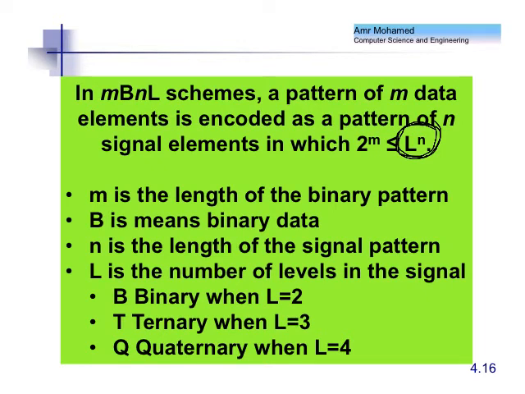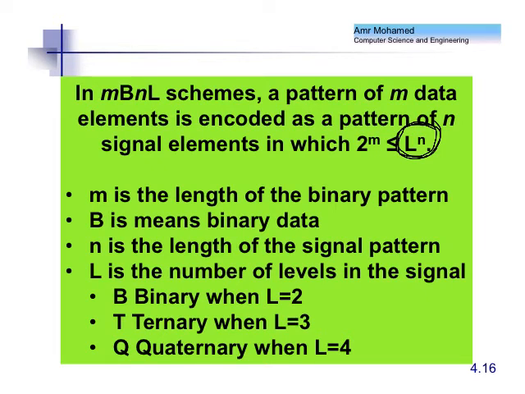Okay? So for example, if I have 3 bits, I need to have 8 different unique combinations, right? So I can use 1 signal element, in which case I need to have 8 levels.